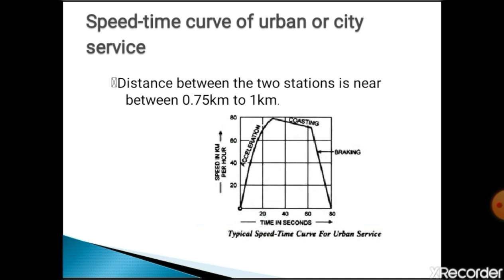In this city urban service, there is no free running period, because the acceleration and retardation are very high so that a high average speed may be maintained, and there will be no free running of the train as the distance between the two stations is very small. This is the speed time curve.